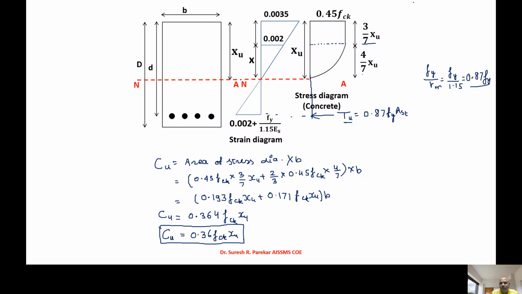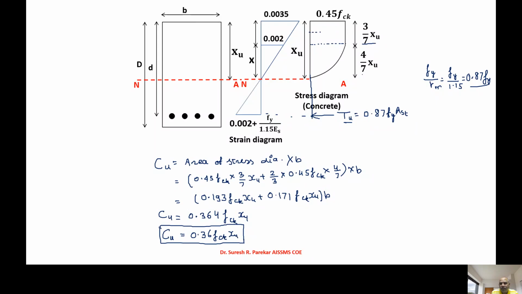Now we have to find out the position of this Cu. How will we find it? We take x bar equal to summation of A x bar divided by summation A. Area we have already calculated, which is 0.36 fck xu. Now A x bar: for the rectangle, area is 0.193 fck into xu, and we are going to take moment about the top.